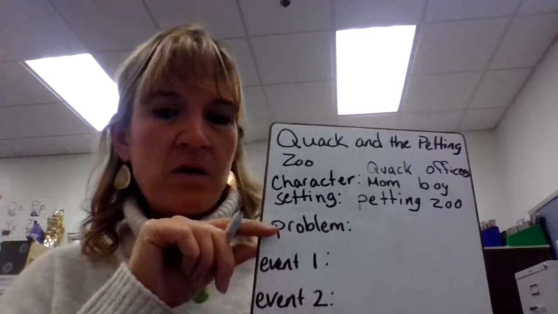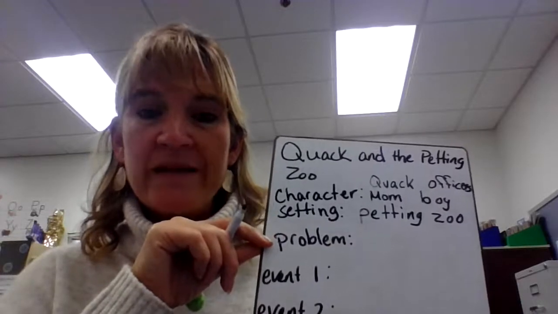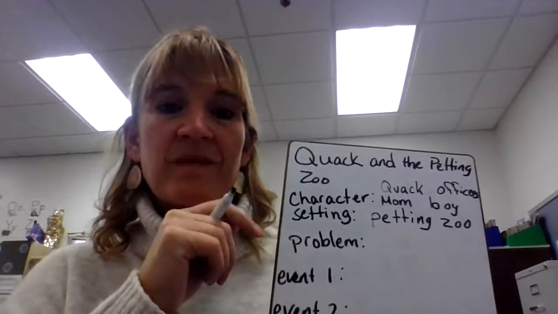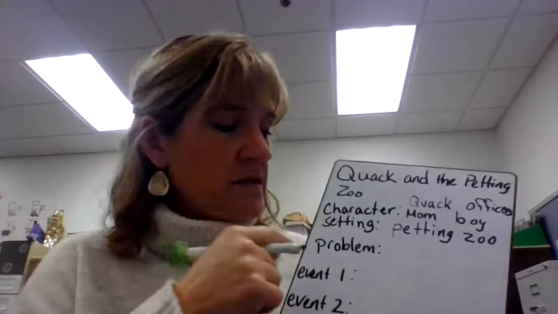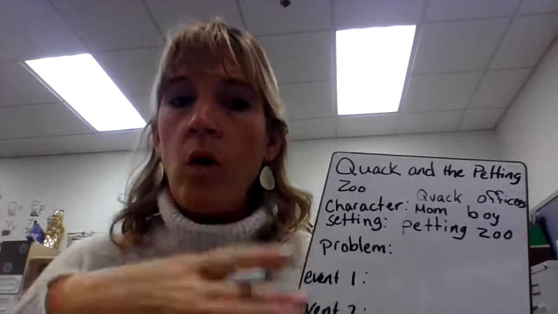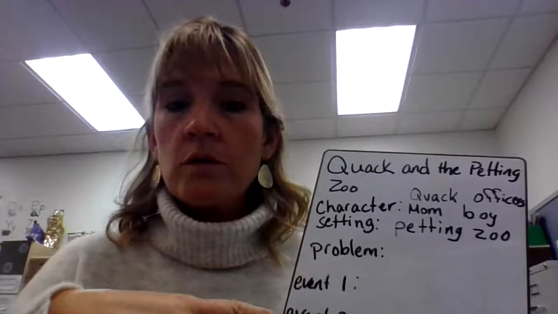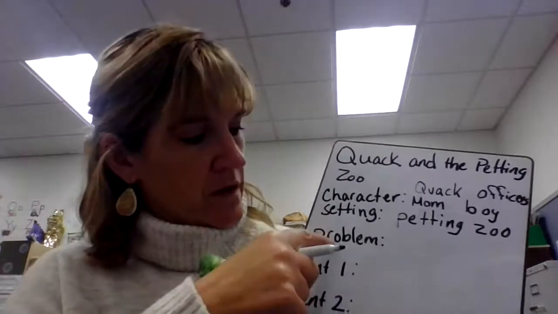All right, we're going to go on. The problem. What's the problem in the story? That's right. The problem is that there's a boy that's lost. So I'm just going to write down some key words. I don't want to write down a whole sentence, just some key words.